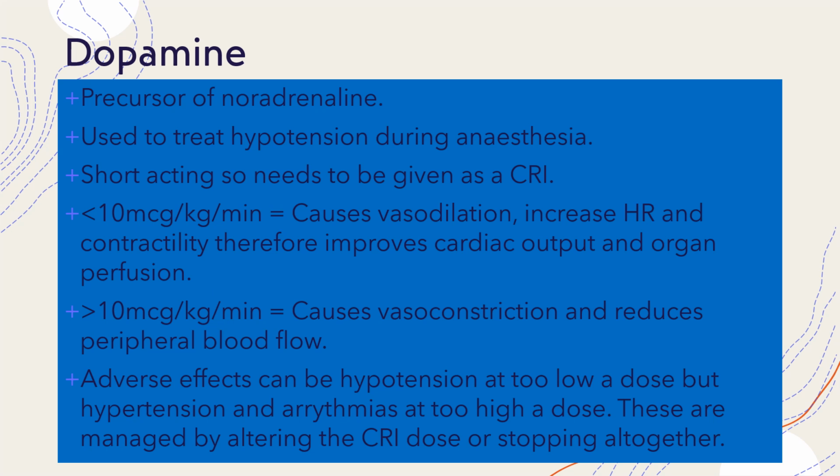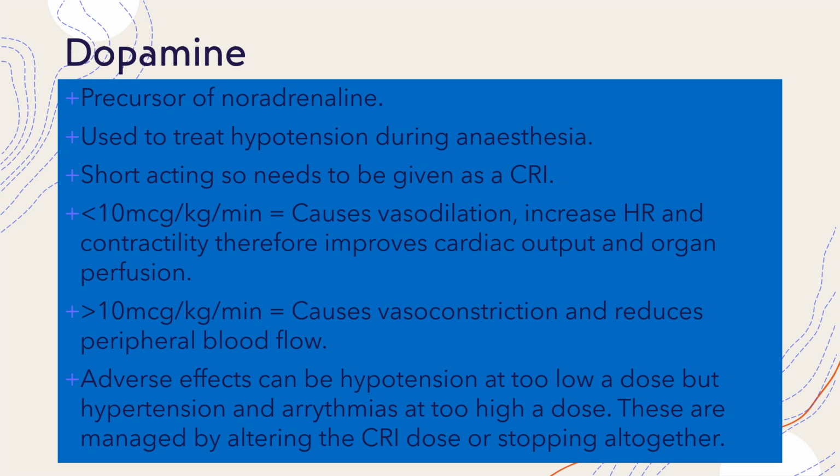You do need to be careful with your dose rate though. If you're using a dose rate of less than 10 micrograms per kilo per minute, this causes vasodilation and would increase your heart rate and contractility, therefore improves your cardiac output and organ perfusion.